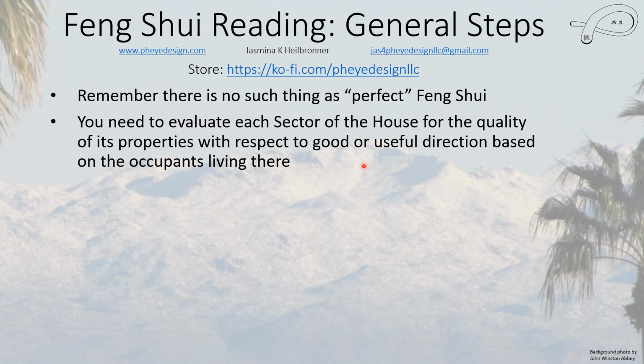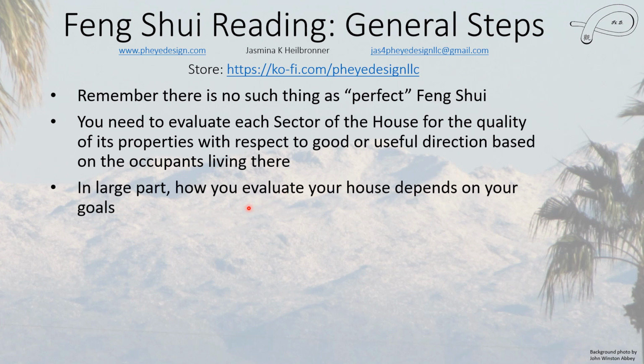Now, you need to evaluate each sector of your house for the quality of its properties, and also with respect to good and useful directions based on the occupants living there. So sometimes you might have to move a bed in a certain direction or something like this so that it works. This can sometimes be a little tricky, but it can be done.